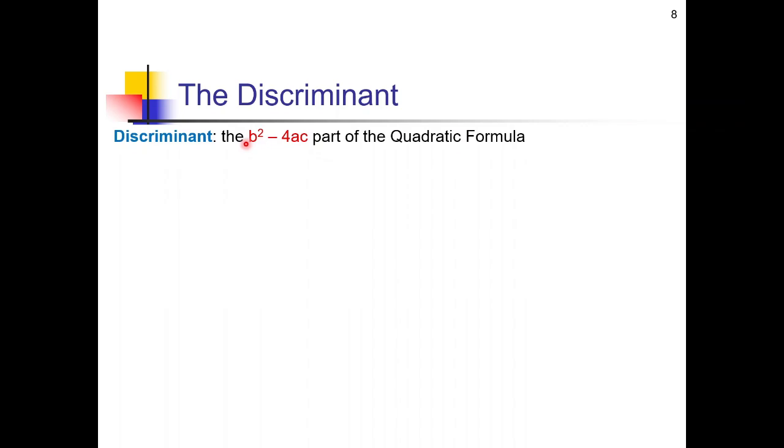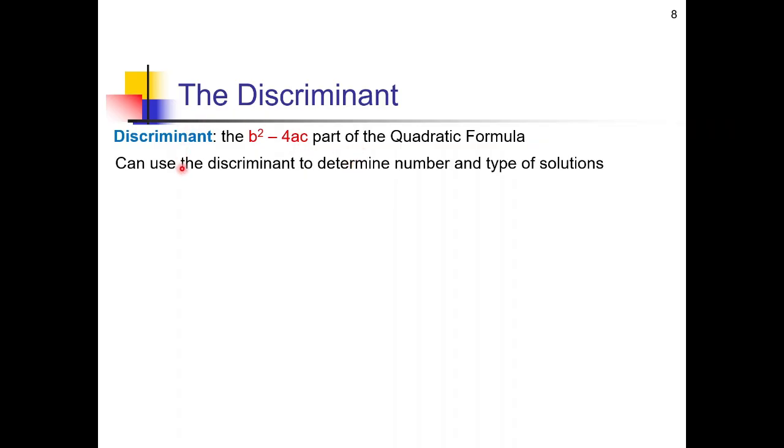It's all that stuff under that square root that you're plussing and minusing. Because you're square rooting all this stuff, and because different things happen when you square root different types of numbers, we can use the discriminant to determine the number and the types of solutions.